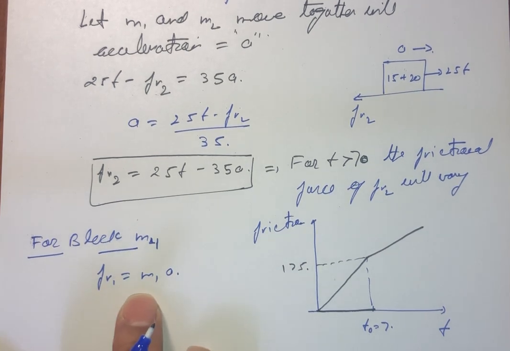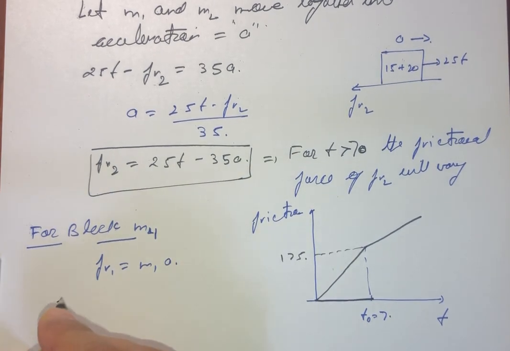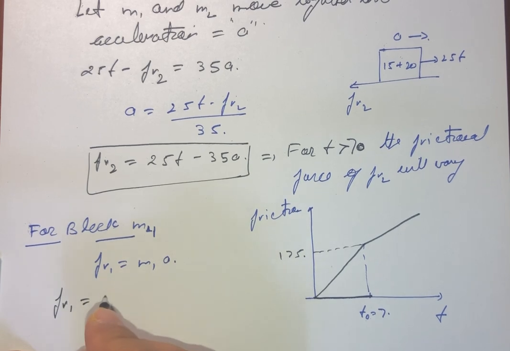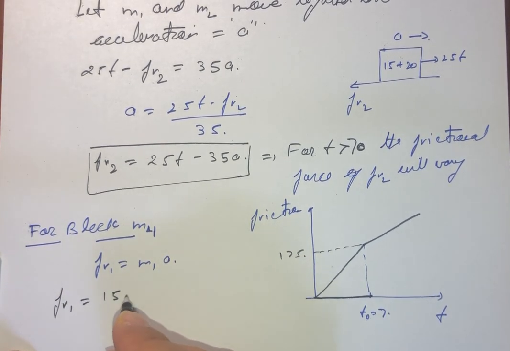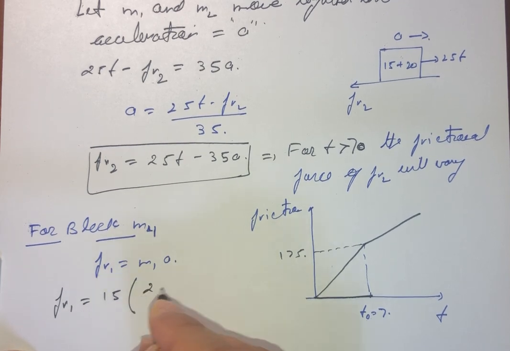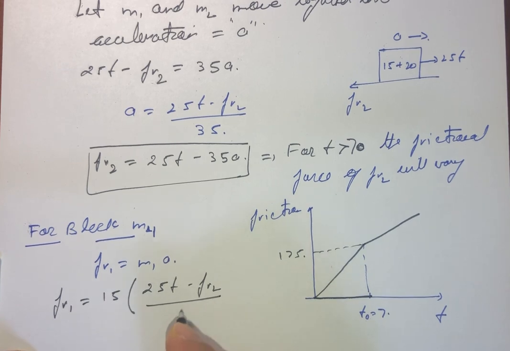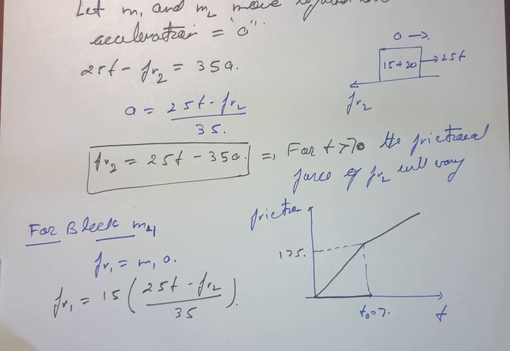This is the force acting on block M1, and if you put the value of a, we get FR1. M1 is given as 15 and acceleration is 25t minus FR2 divided by 35.